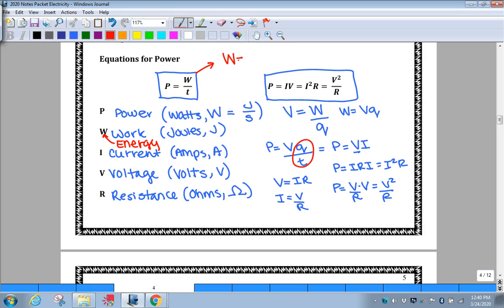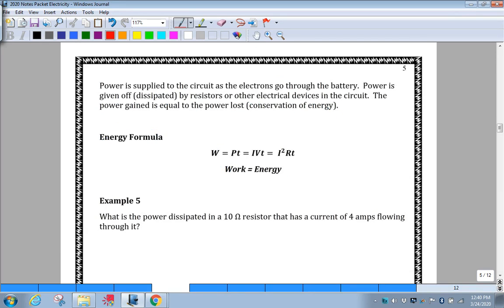If I rearrange for W, it's going to be P times T. So I can take any of these power equations, multiply it by time, and get electrical energy. And that is what we see on the next page. P times T. So any power equation that we have, you multiply it times time, and then we have the electrical energy in the circuit.